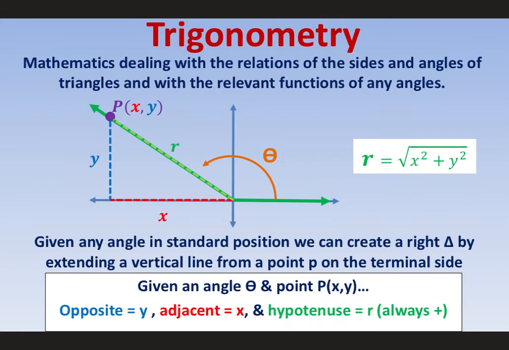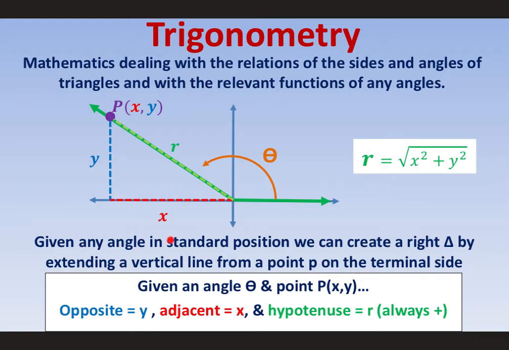All right, so let's talk about what trigonometry is. The mathematics of dealing with the relationships of the sides of an angle and creating a triangle, and then the relevant trig functions for any angle possible, is what trigonometry is.